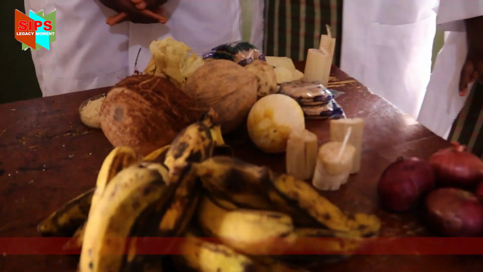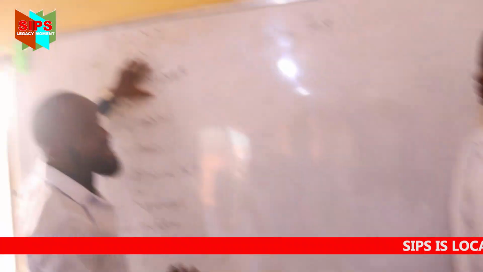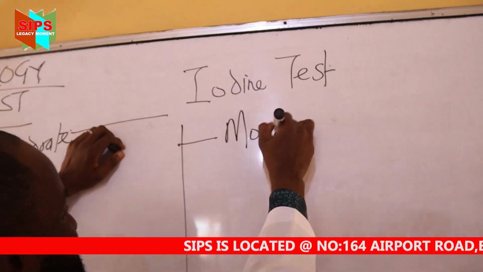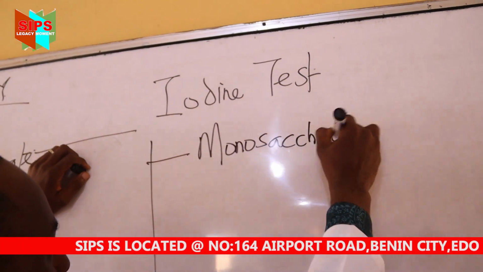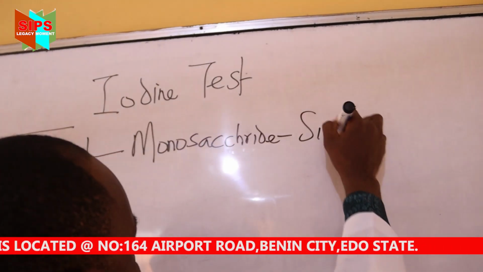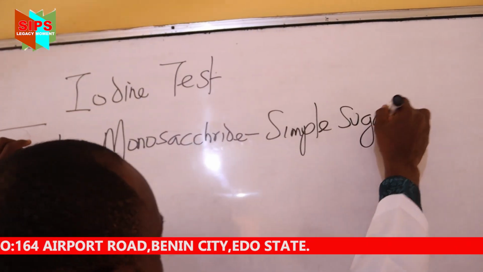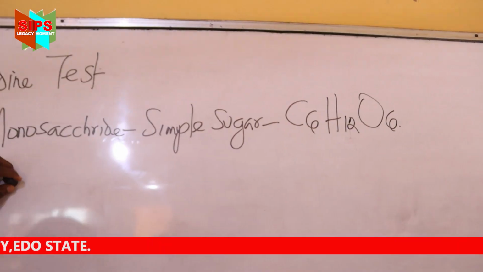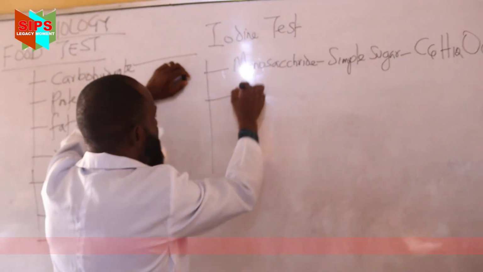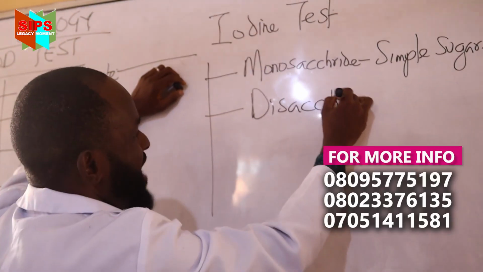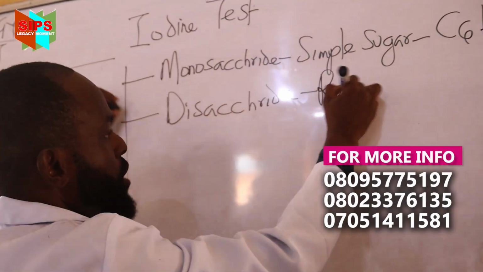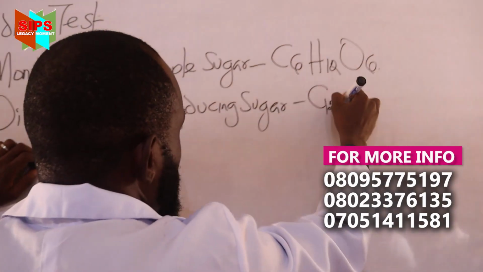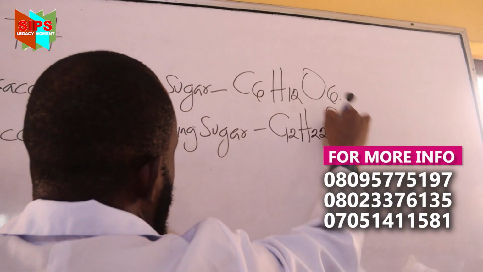In our iodine test, we understand that carbohydrates can be of 3 types. The first is the monosaccharide, called the simple sugar, with the formula C6H12O6. The next is the disaccharide, called the reducing sugar, with the formula C12H22O11.